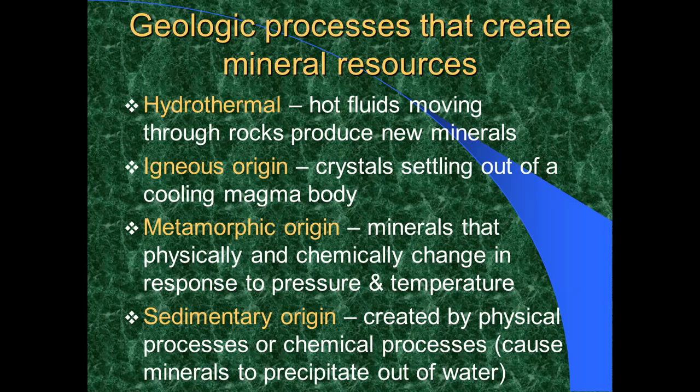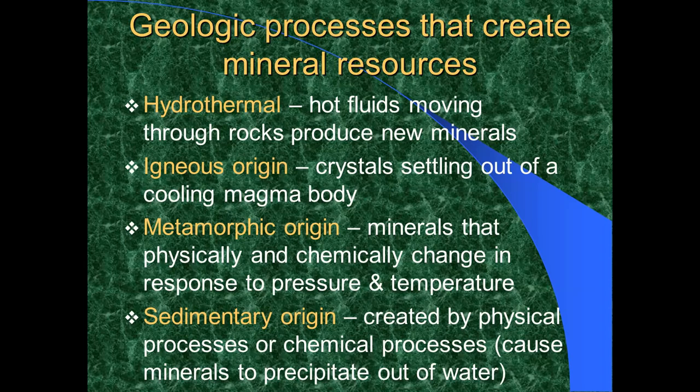Now, we took a look at sedimentary rocks. Remember, they were created when bits and pieces of rock were cemented together. That would be physical processes. We also had sedimentary rocks that were created by either biological activity or chemical processes. That would also create these chemical sedimentary minerals, generally caused by precipitation reactions.